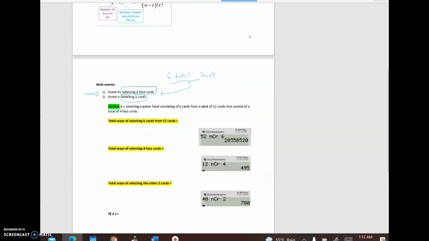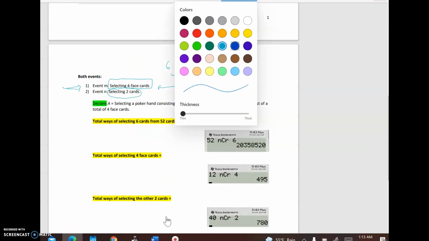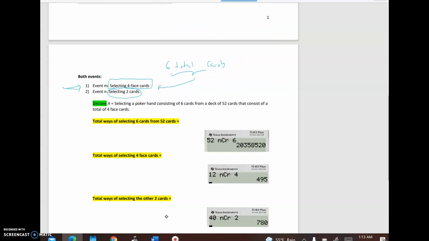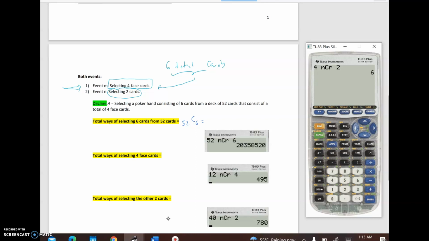In terms of the sample space, it gets evaluated as 52C6. This is the total number of ways of selecting 6 cards from a deck of 52 cards. Let me evaluate it on the calculator so that you see it. You would do 52, then hit math, move all the way to PRB, activate the nCr, and then hit 6.